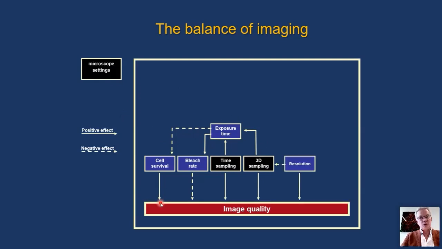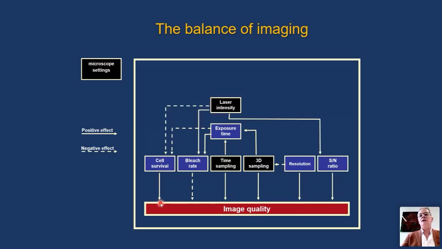Then resolution is important. That's what we want. And we want to have a good signal to noise ratio. Well, if I now look at laser intensity, it has an influence on signal to noise ratio. The higher the laser, the less the noise. And also on photo bleaching and phototoxicity. And in this way, you see that almost all these different components are connected.